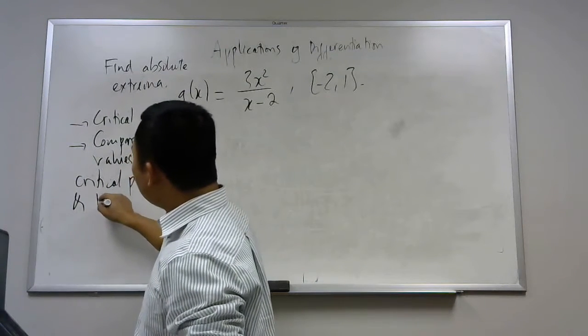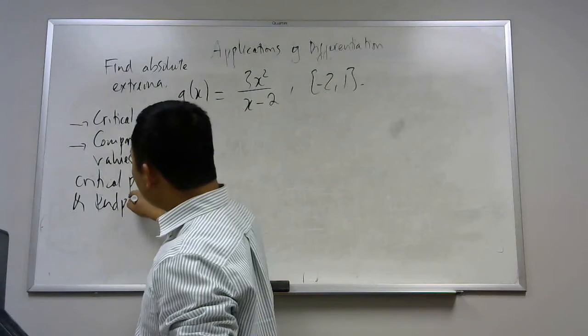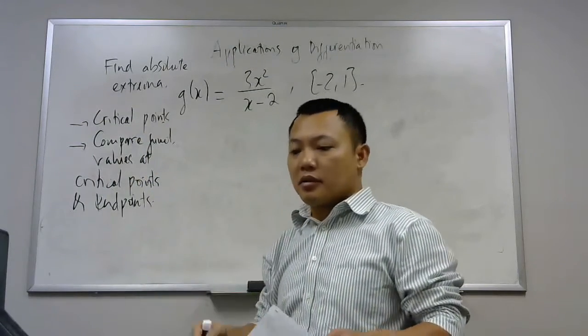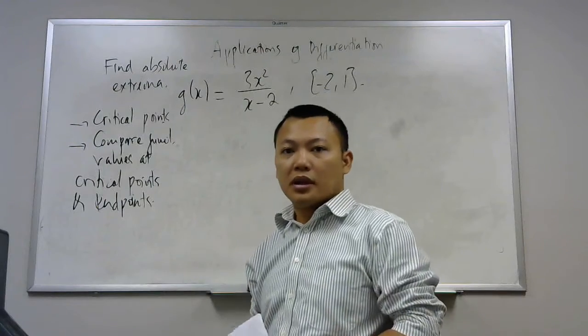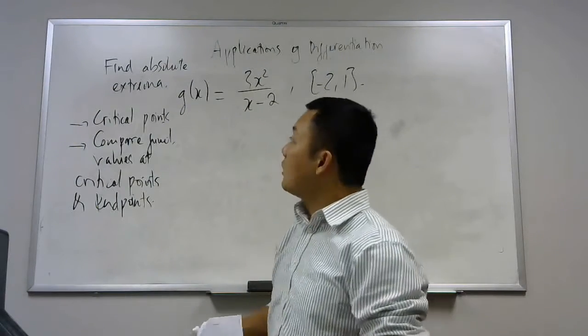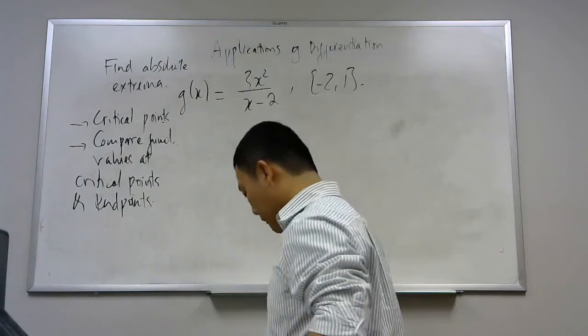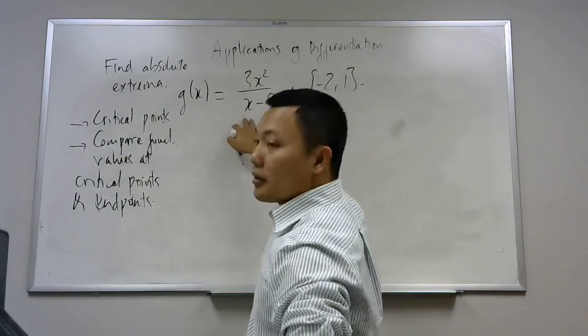When you compare those values, you can pick the maximum and the minimum, and those serve as the absolute maximum and absolute minimum. Okay, let's do this.